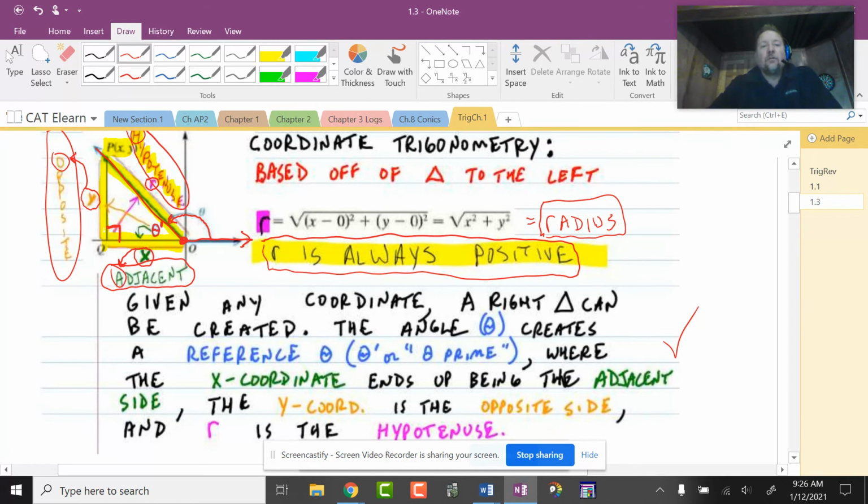The angle in question, theta, creates a reference angle, which is called theta prime, or theta with a little tick mark on it. Where the X coordinate always, I didn't put that word in there, ends up being the adjacent side. The Y coordinate is always the opposite side. And the hypotenuse is replaced with the letter R for the word radius. Struggling with my words today.